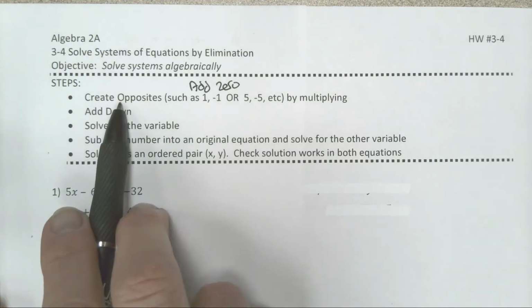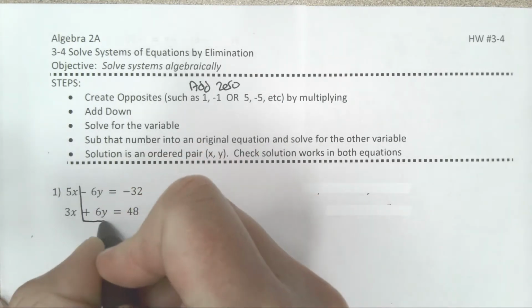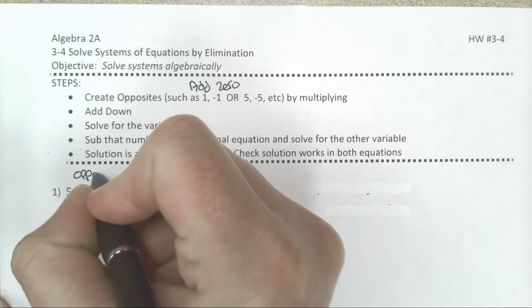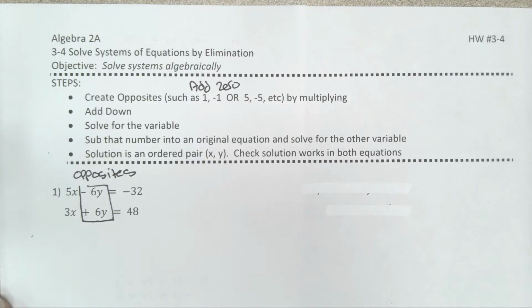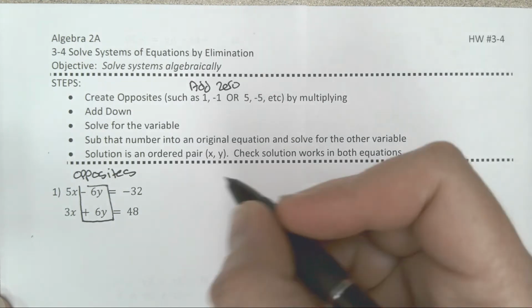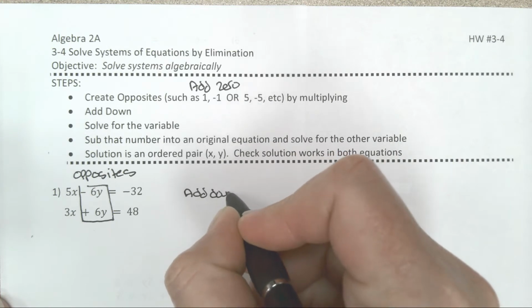All right, so the first thing that we do is we create or find opposites. In problem number 1, this is what opposites look like. -6y and +6y. Once you have opposites, you add down.